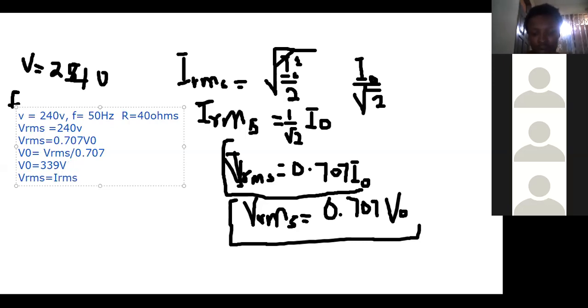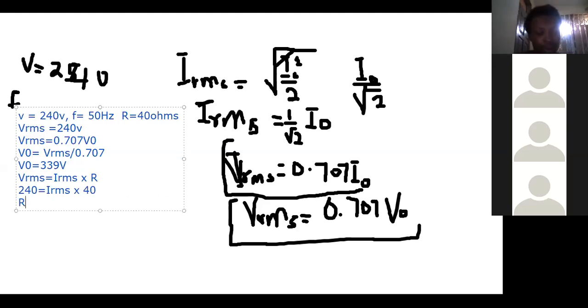We know VRMS is 240, so 240 is equal to IRMS multiplied by our R. What is our R? Our R is 40. So let's find I.